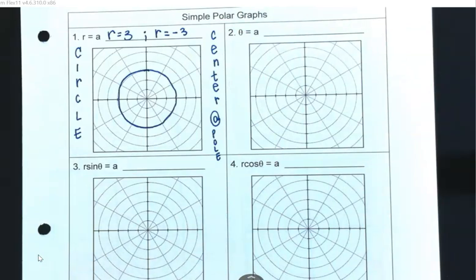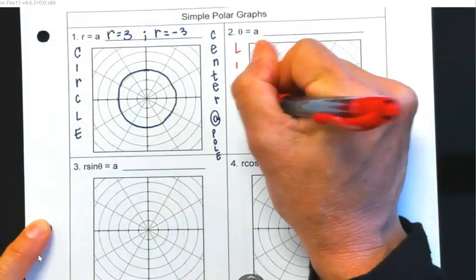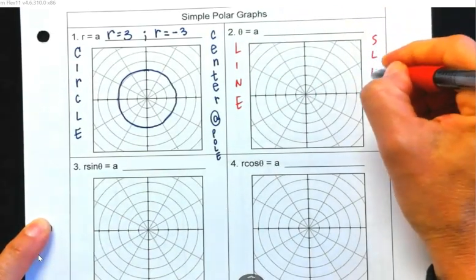All right, let's look at number 2. Number 2 says theta equals a. Anytime you have theta that equals an a, this is going to be a line, and this line is going to be slanted.